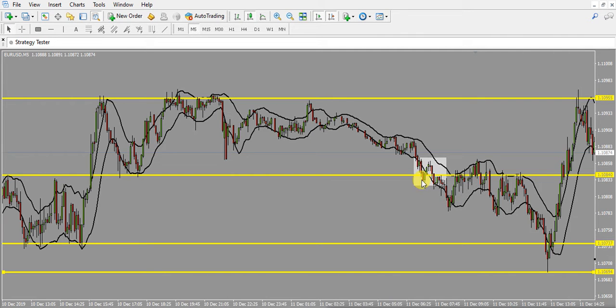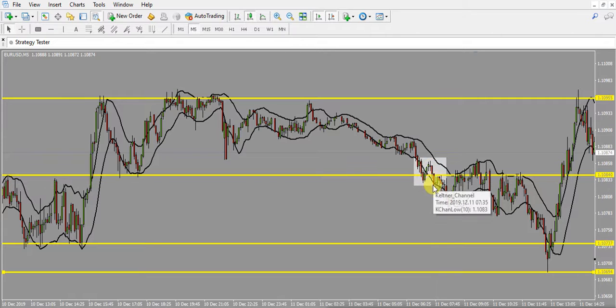Get in on this candle right here, and if you look, your stop would be about just over 1.5 pips. So you're looking for pretty much 3 pips profit, okay?